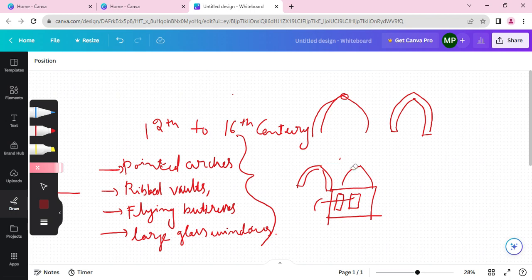Any idea how ribbed vaults are constructed? Let's see about ribbed vaults now.